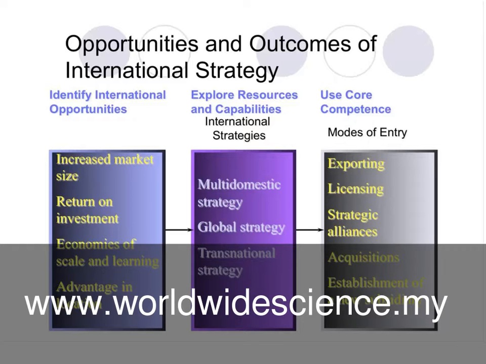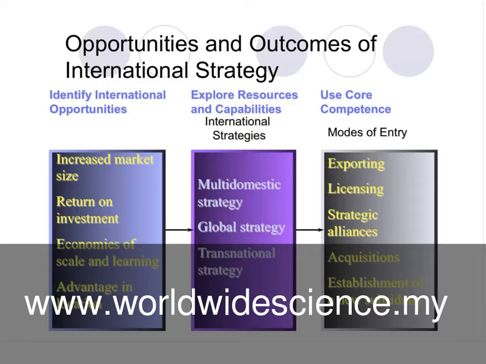We have multi-domestic, which means these are different levels of internationalization. Multi-domestic strategy is when we want to just go into different markets, use a certain level of strategy, and make minor changes.